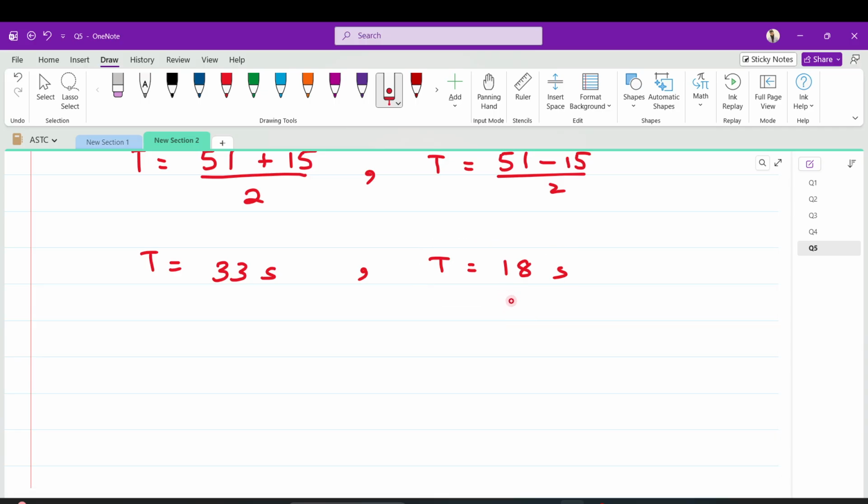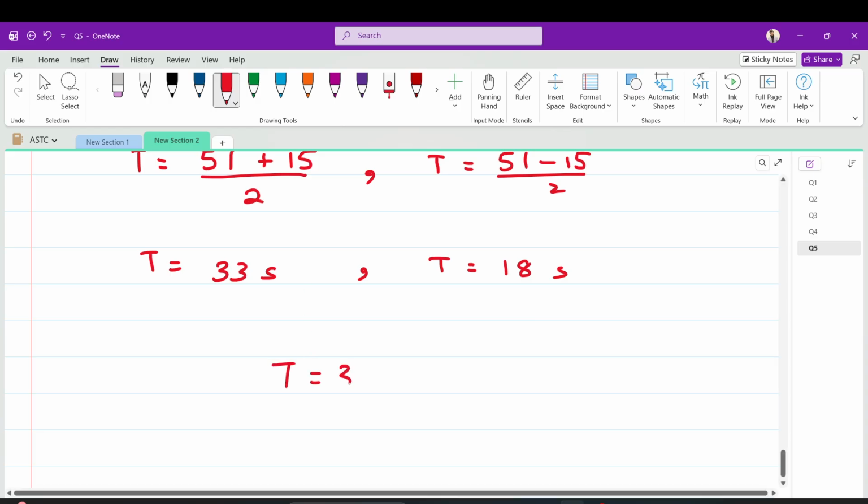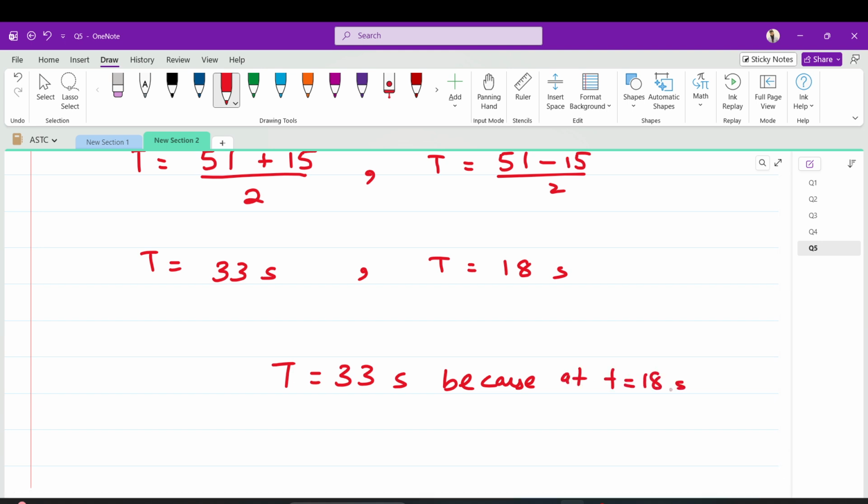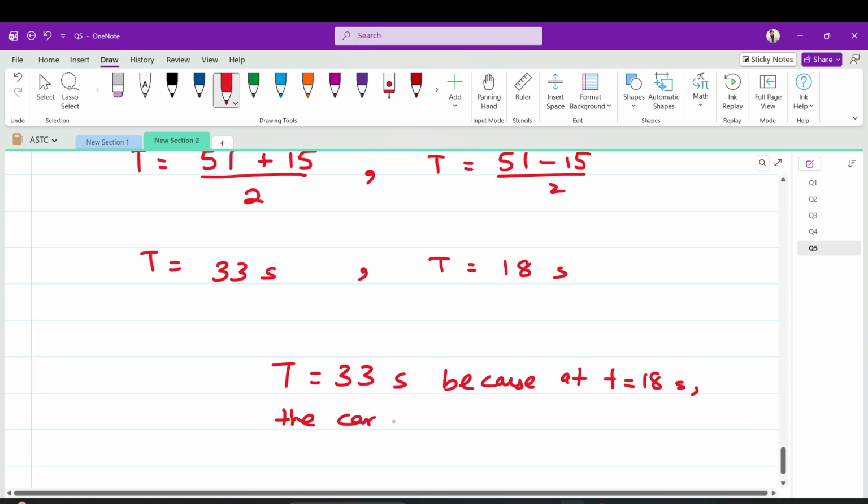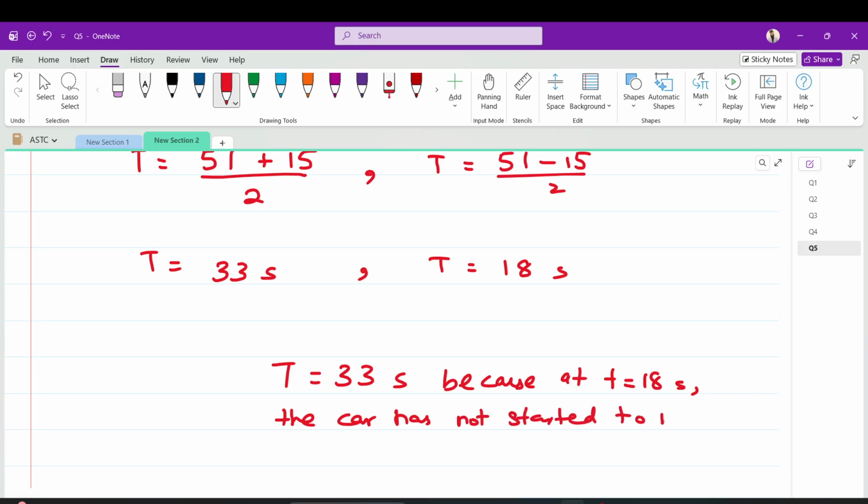The car only started to move after 24 seconds have passed. So therefore, our final answer is going to be t equals 33 seconds, because at t equals 18 seconds, the car has not started to move.